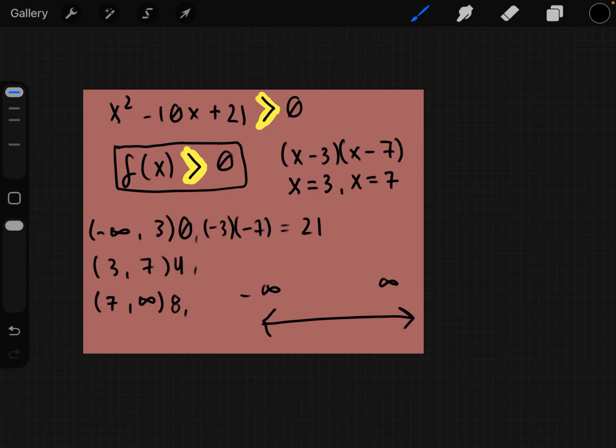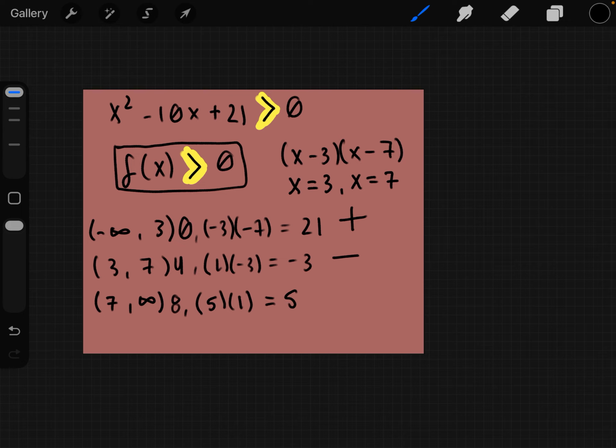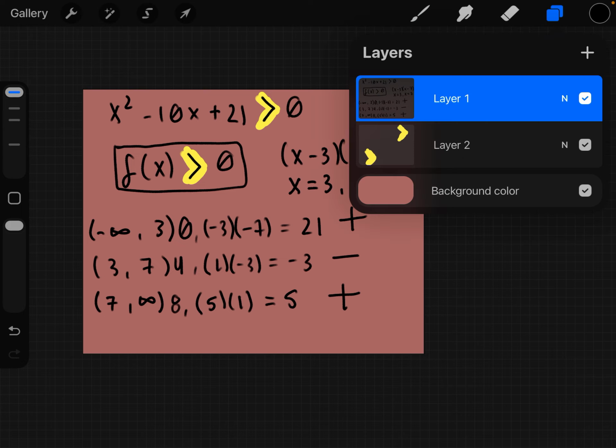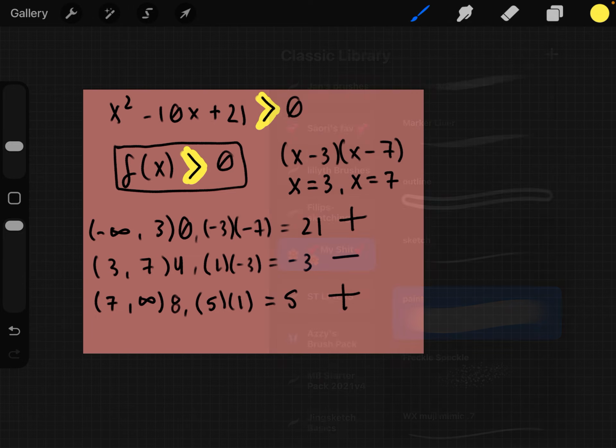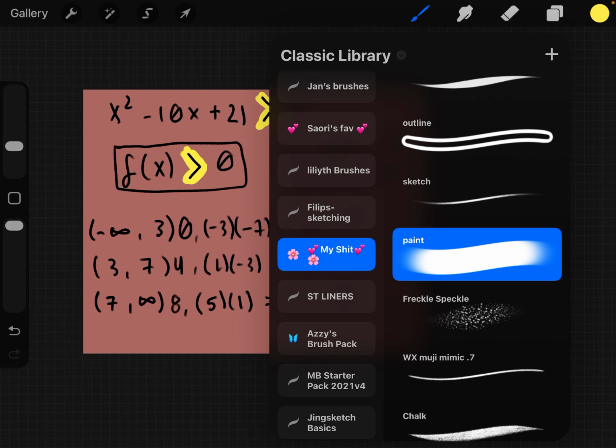Turns into positive 21. We don't care about the value. We just want to know if it's positive or negative. Okay, 4 minus 3, it's 1. 4 minus 7, that's negative 3. Negative. 8 minus 3, 5. 8 minus 7, 1. Positive. And because we are looking for greater than, we want all of our positive values.